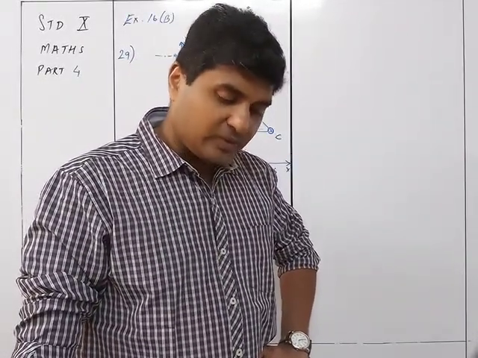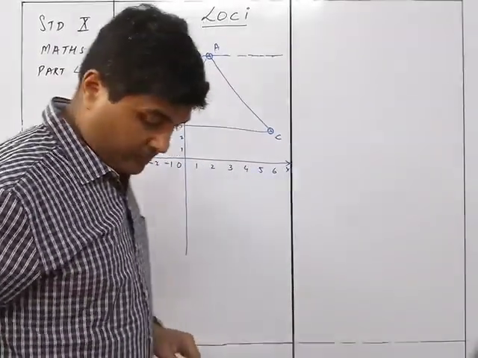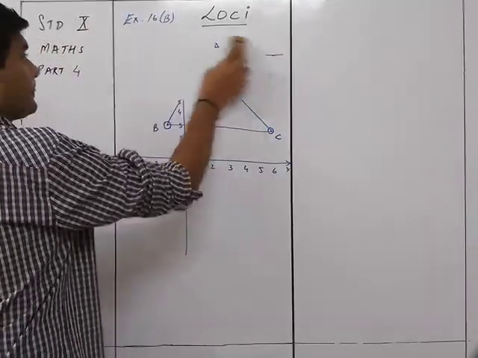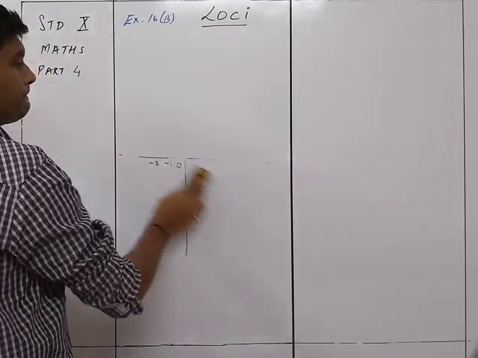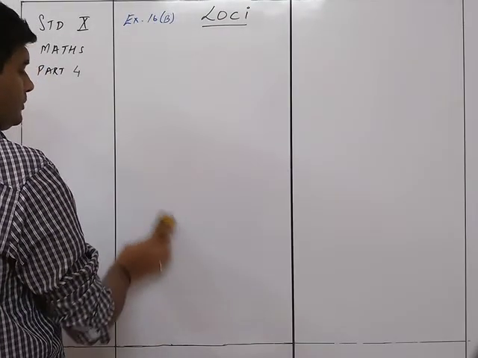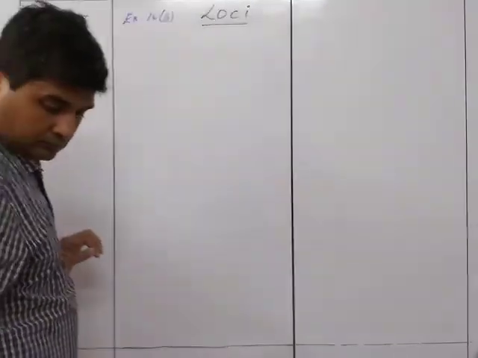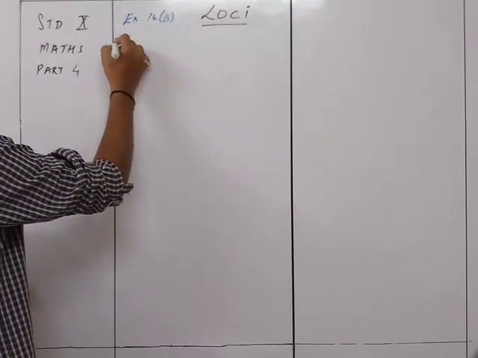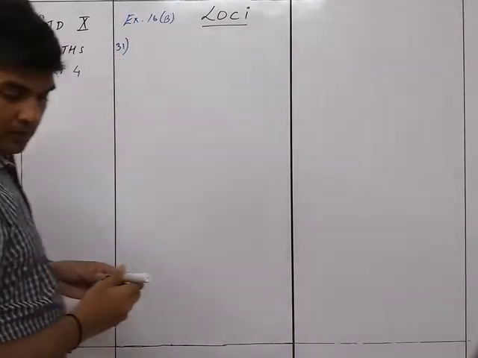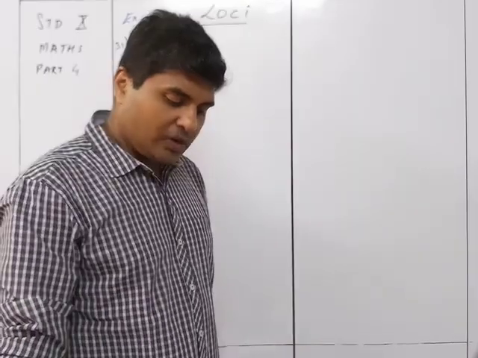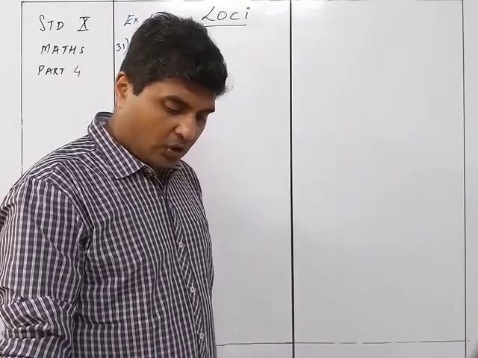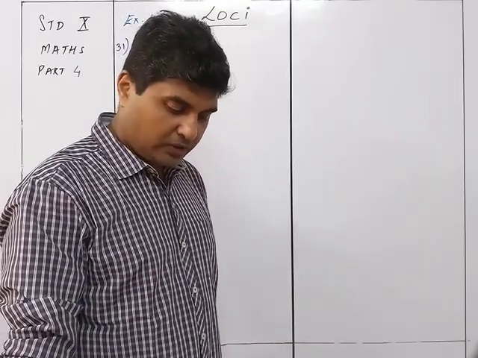We move on to the last question, sum number 31. Use a ruler and compass only for the following question. All the construction lines and arcs must be shown clearly.